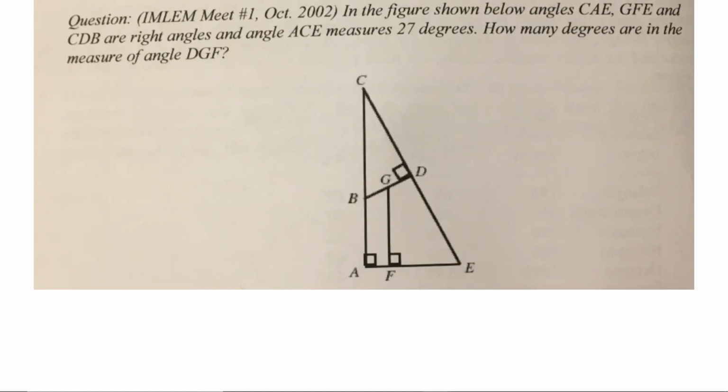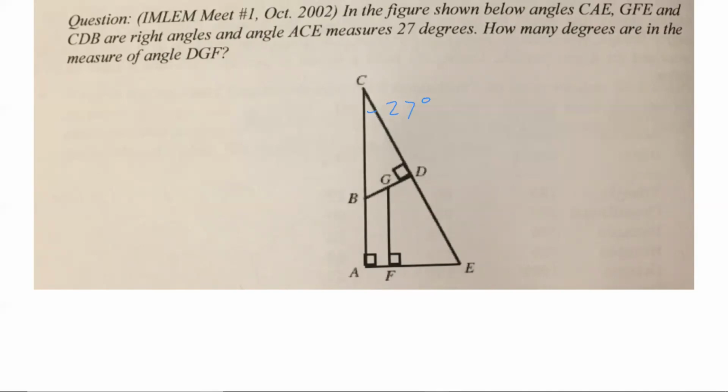Okay, a few people have gotten an answer, so let's go ahead and start. All the right angles they gave us, they labeled in the picture with the box. They tell us that ACE, which is this angle, is 27 degrees.